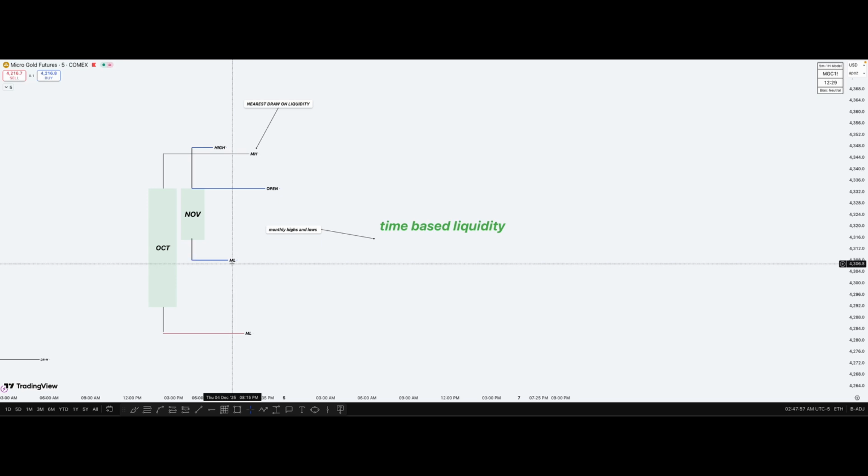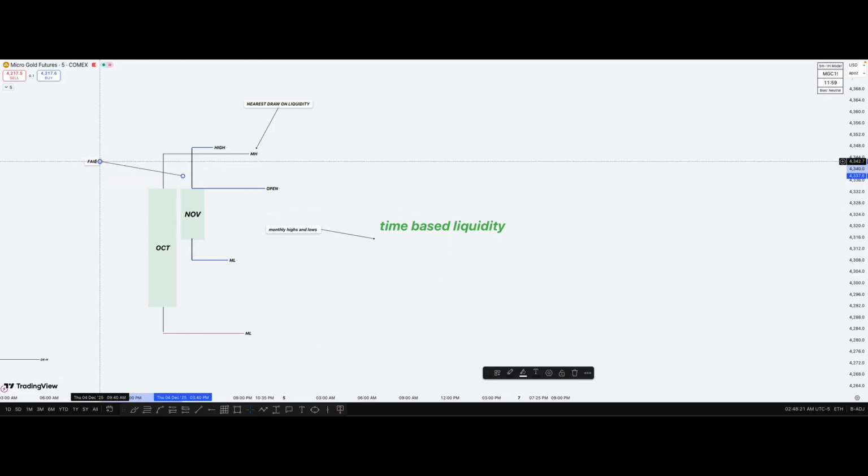And what has the price done here? The price went up higher, took the previous month's high, which was the nearest draw on liquidity, and closed below this high, isn't it? It has closed below this high. So this candle is actually showing you that it has failed to displace.